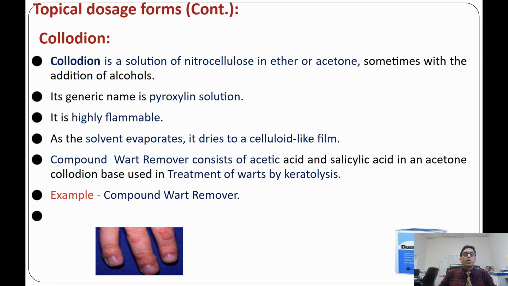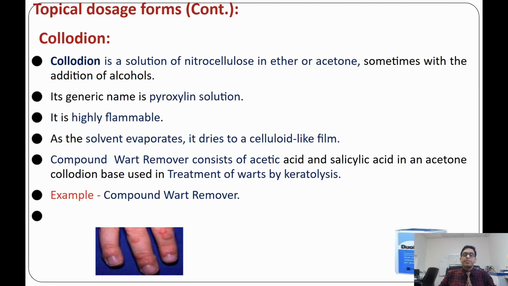Next one is collodions. Collodion is a solution of nitrocellulose in ether or acetone, sometimes with the addition of alcohol. Its generic name is pyroxylin solution. It is highly flammable.